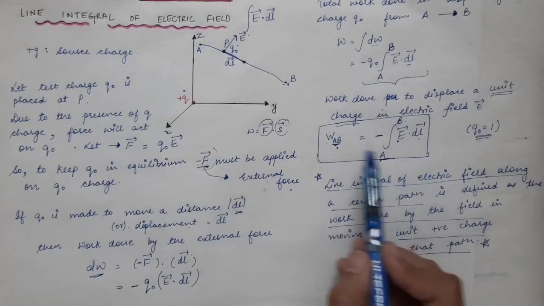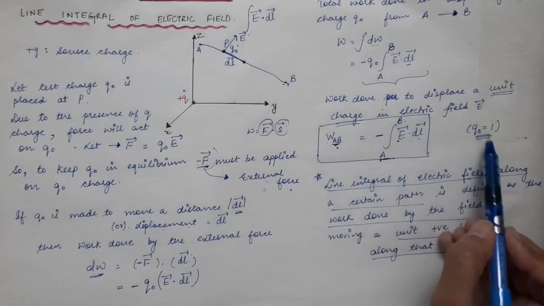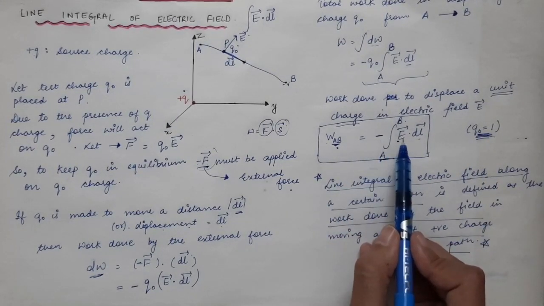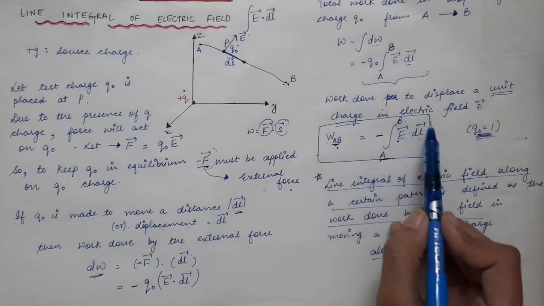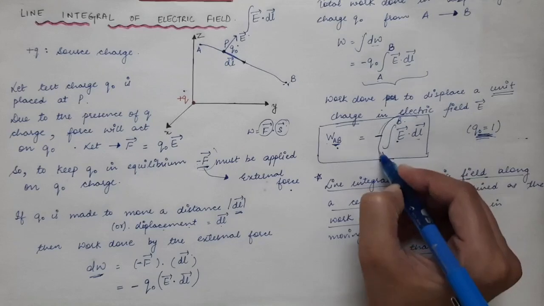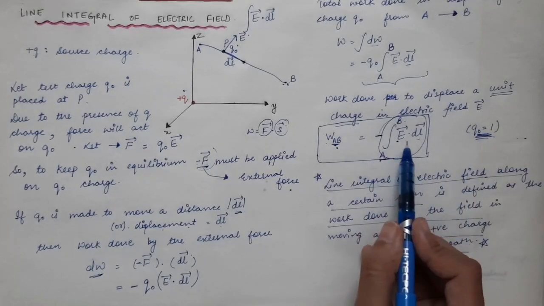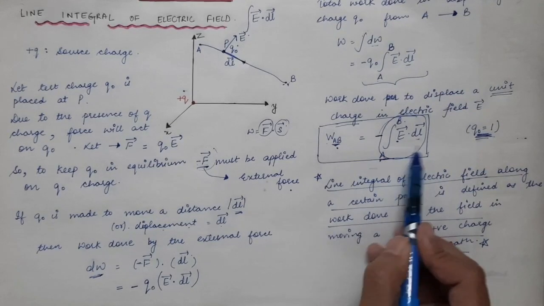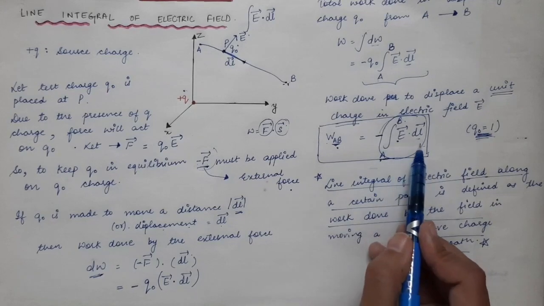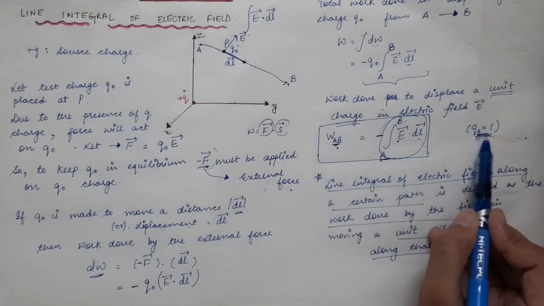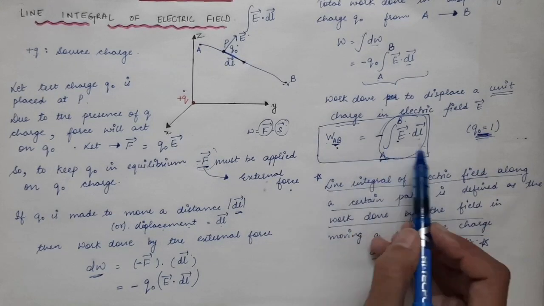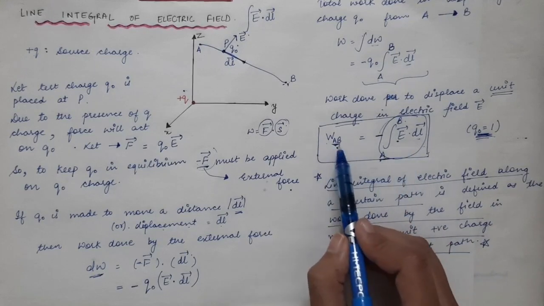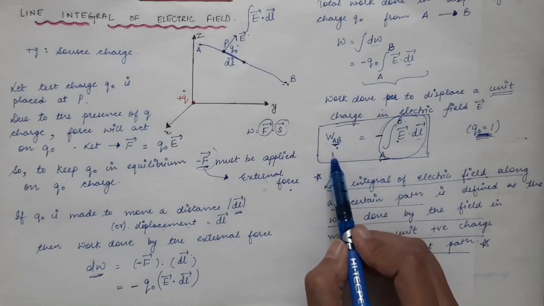And in this formula we have found that the work done to move a unit test charge from A to B is equal to minus the integration of E dot dl from A to B. This right-hand side is nothing but the line integral of the electric field, and this expression gives us the work done to move a unit test charge along that path.